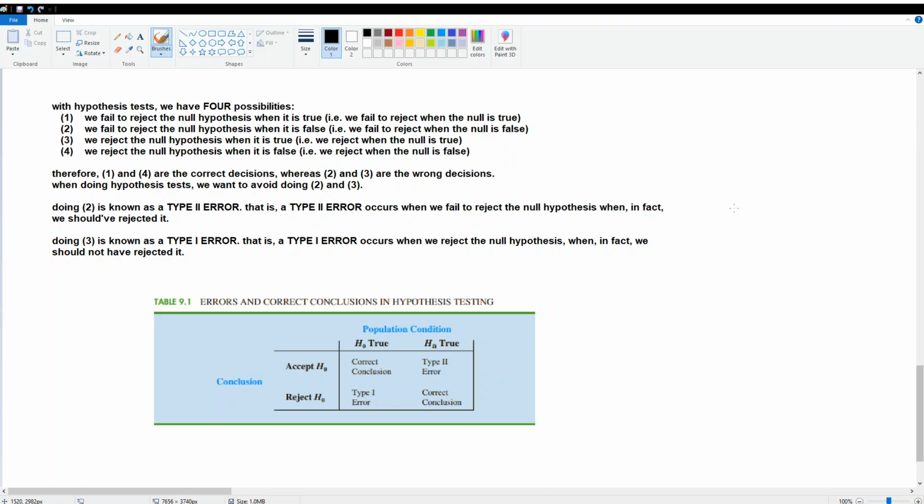Right here I have a table, and you should put this table in your cheat sheet. This will do a lot to help you. So type 1 is rejecting a true null. Type 2 is accepting a false null.